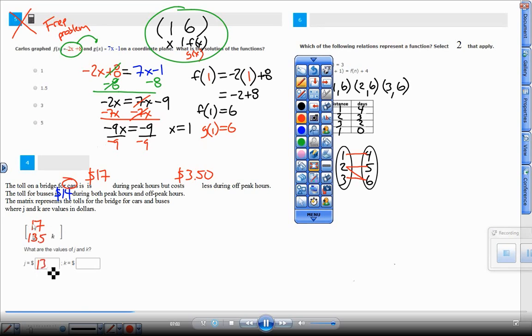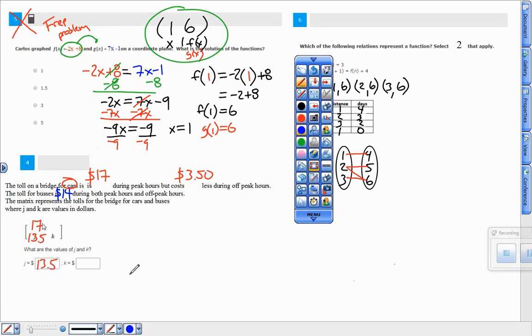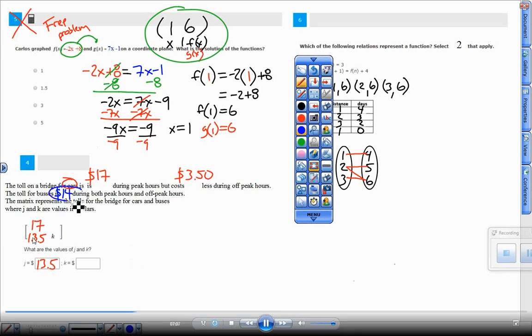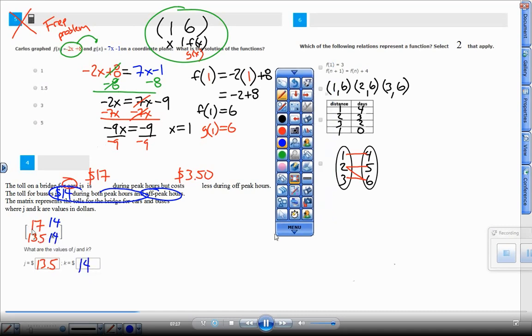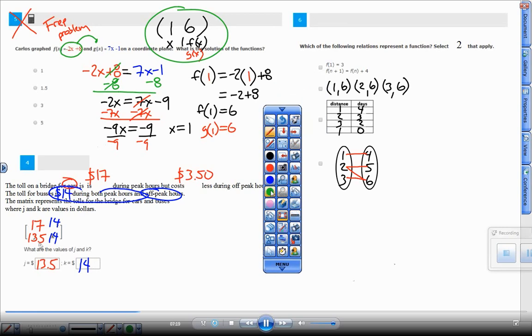So you could see for cars, peak value 17, 3.50 less, 13.50 is off peak hours. Buses 14, off peak hours 14. So again, filling out this table where the top two values are peak hour prices, bottom two for cars and buses, off peak hours.